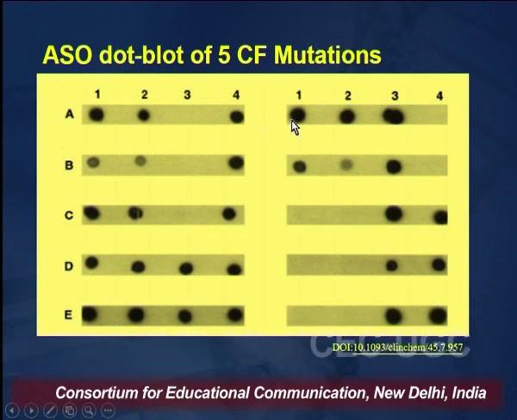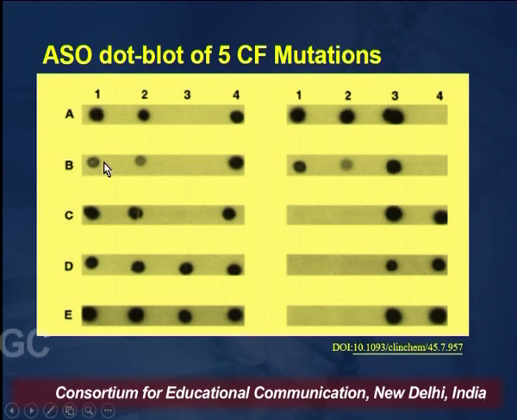So, what do you understand by that? That individual 1 is heterozygous for the particular mutation which is termed as A. I hope it is clear to you now, because it is giving a signal in the normal allele ASO probe, and it is also giving a signal in the mutant allele specific oligonucleotide probe.